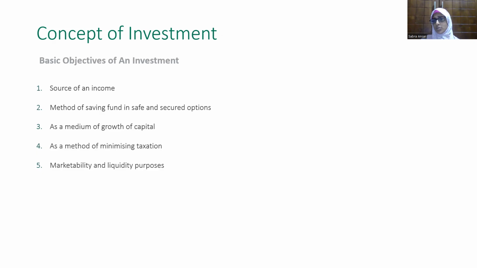When it comes to a person, if they have extra money, they would look into banks and say, what do I do with this extra money? Do I waste it on food and different things, or do I just save? Do I put it in a bank and check how much interest it has? When I'm putting my money in a bank, it's a safe and secured option rather than just going and investing in something else.